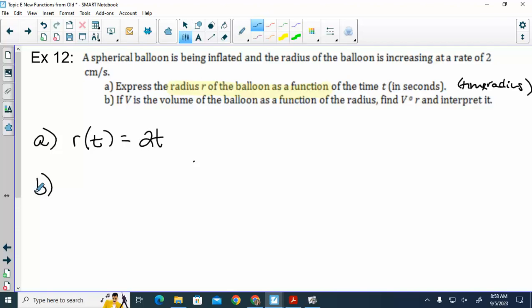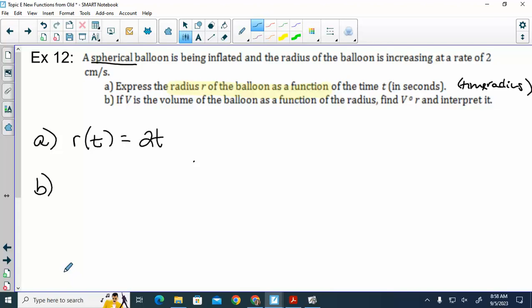B. If V is the volume of the balloon as a function of the radius, find V composed with R and interpret it. So we are talking about volume. The balloon was a sphere, so we need volume of a sphere. That may not be a formula you know off the top of your head.